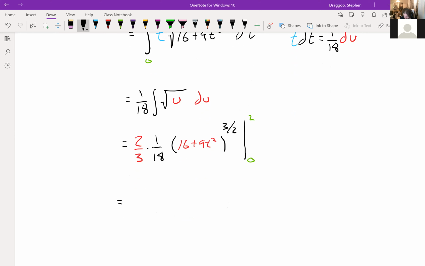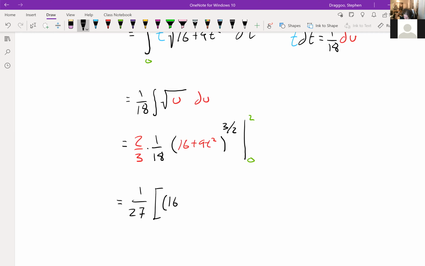2/3 times 1/18. I'm pretty sure that's 1/27. Simplify that a bit. Times, what do we get when we plug in 2 for t? 9 times 4. 36 plus 16. You know what?